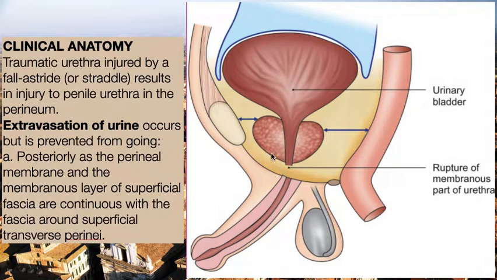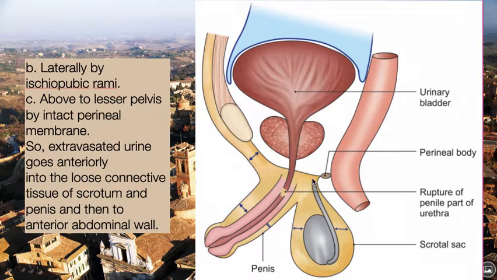You can see this is the rupture of the membranous part of the urethra, and this is contained within the deep perineal pouch. This is the rupture of the penile part of the urethra contained within the superficial perineal pouch, right?